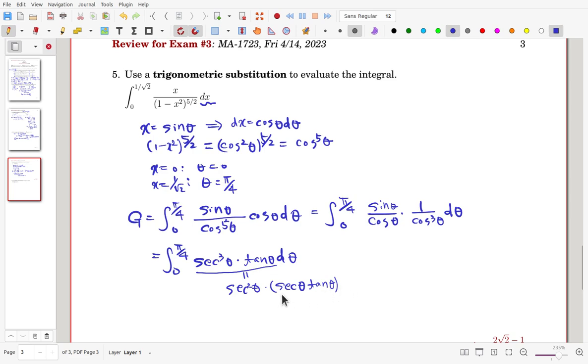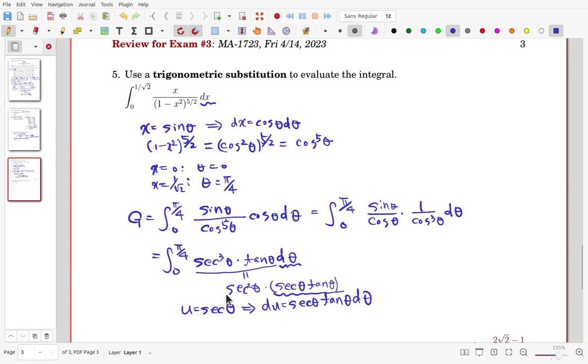The derivative of sec is sec and tangent, and d theta. So here we are using u equals sec theta. Then du will be sec theta tangent theta d theta. So this portion along with this d theta will be du.